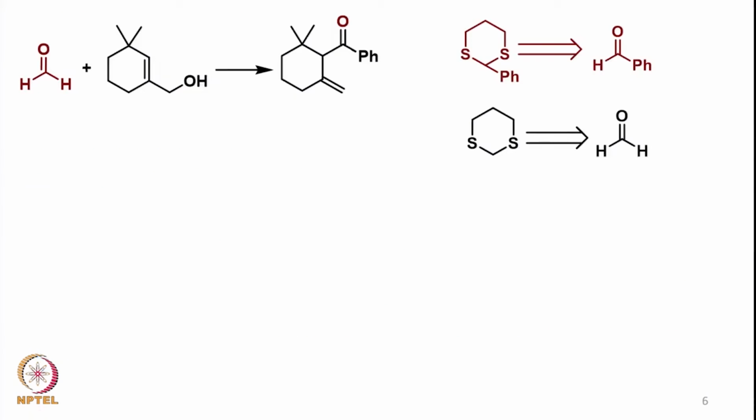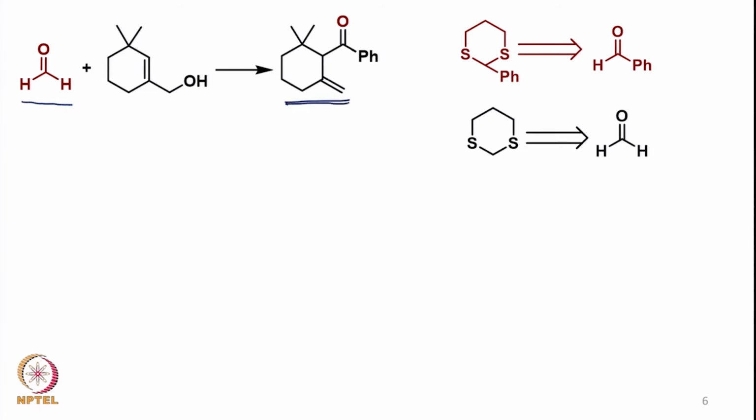Now if we look at variations in the application of such reactions in organic synthesis, what can be done? For example, we want to convert formaldehyde into this kind of substrate.